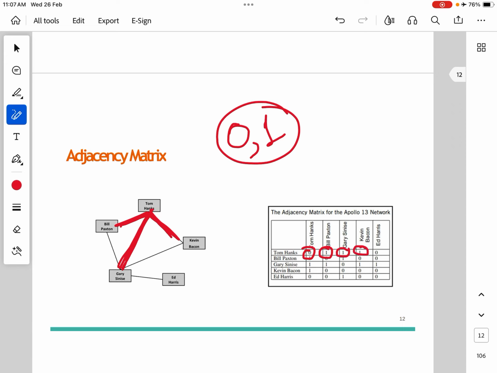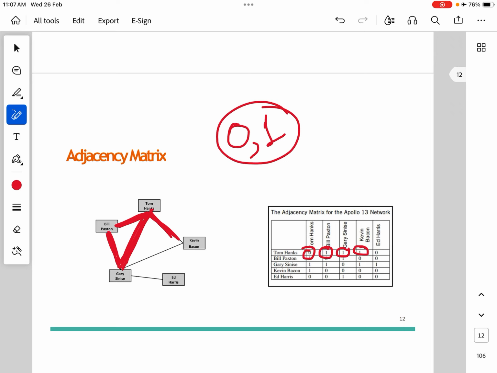Then Bill, comma, Tom is present, so 1. Bill, comma, Bill, there is nothing. Bill, comma, Gary, there is, so 1. Then Bill, comma, Kevin, there is nothing, so it will be 0. Bill, comma, Ed, there is nothing, so again it will be 0. Gary, comma, Tom, you have that, so it will be 1.